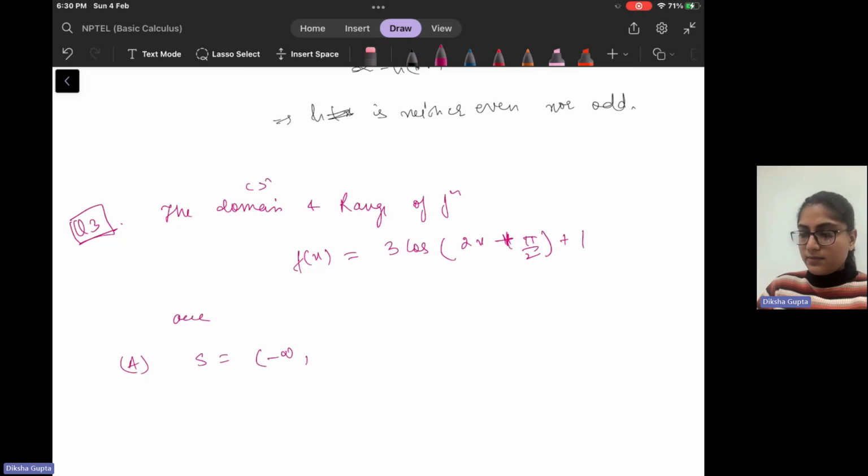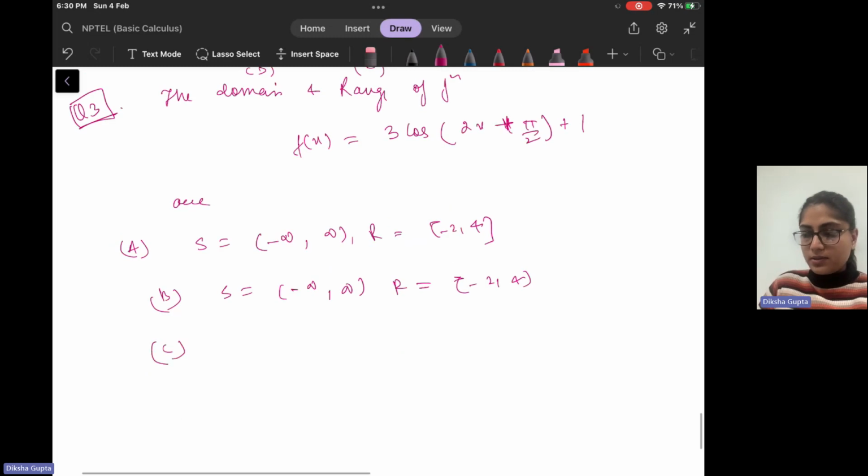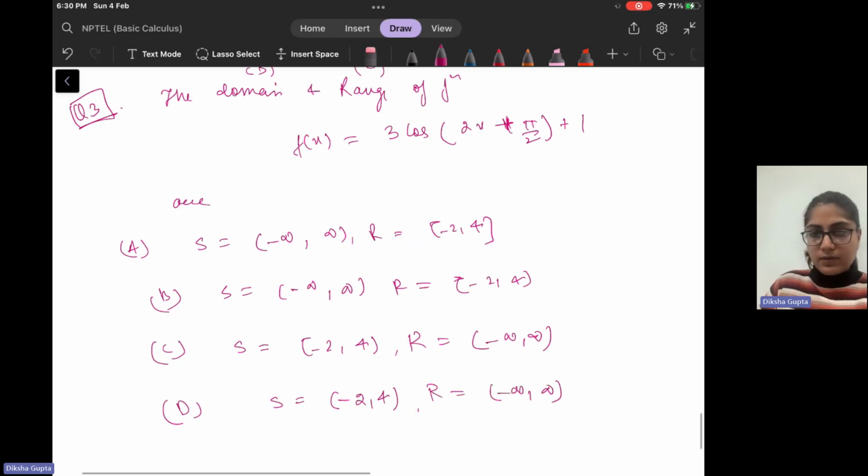The domain is denoted by S, range by R; R equals minus 2 to 4. B, S equals minus infinity to infinity, R equals minus 2 to 4. C option is S is minus 2 to 4, R is minus infinity to infinity. D option is S is minus 2 comma minus 4 and R is minus infinity to infinity.